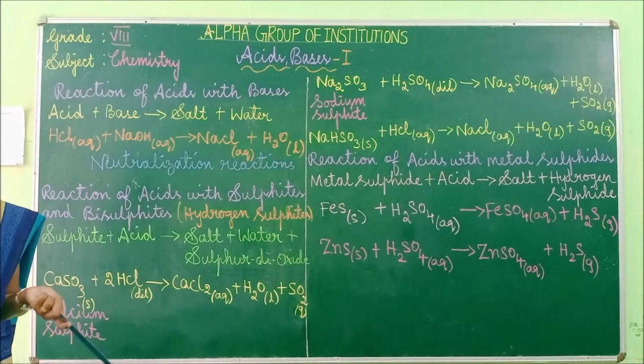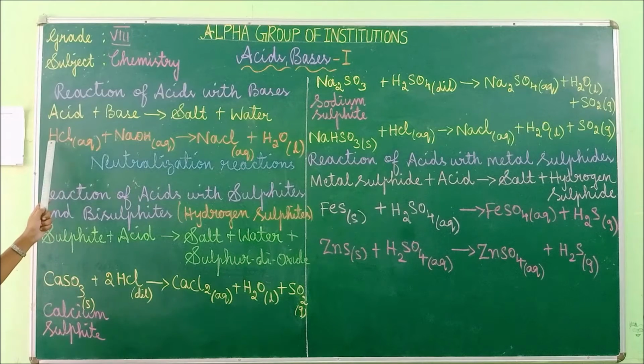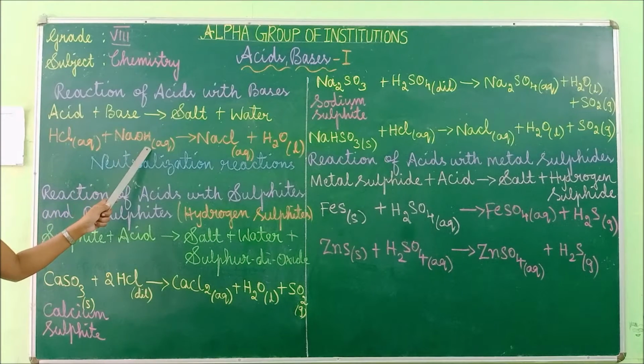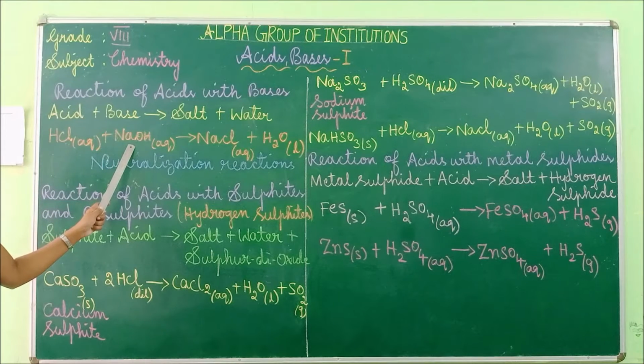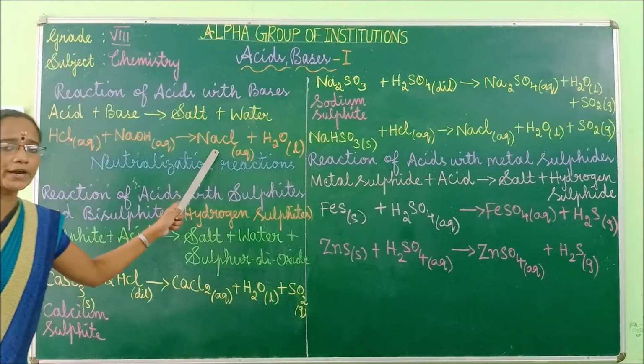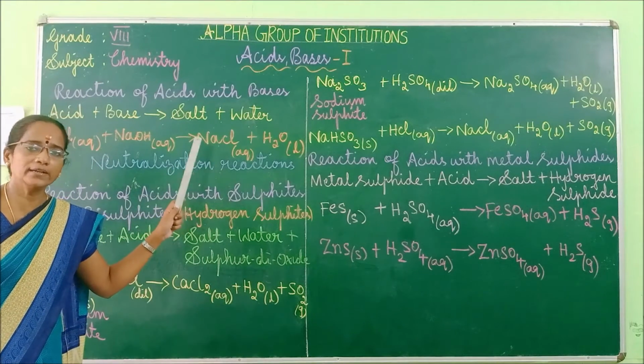So hydrochloric acid, when it reacts with sodium hydroxide, NaOH, which is sodium hydroxide. This HCl is an acid, whereas NaOH is the base. So acid as well as base both react to produce sodium chloride salt.